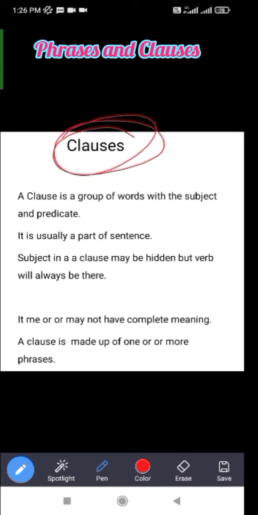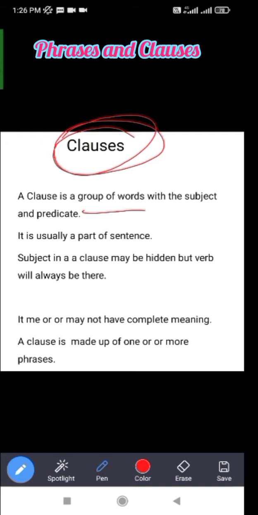What is a clause? Now a clause, you can see here the definition. A clause is a group of words with a subject and predicate. Again a group of words. As I said, a sentence is a group of words, a phrase is a group of words, and a clause is also a group of words. What is the connection among them? A sentence is a group of words which has complete sense.